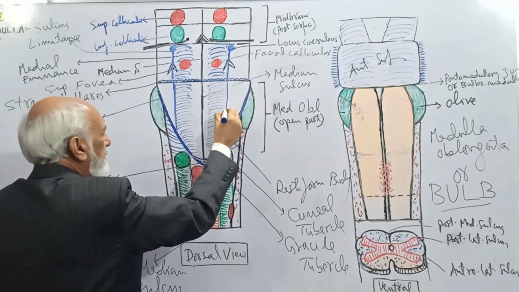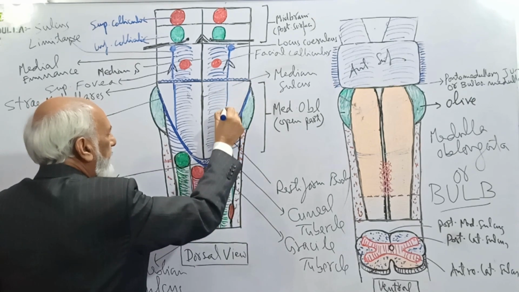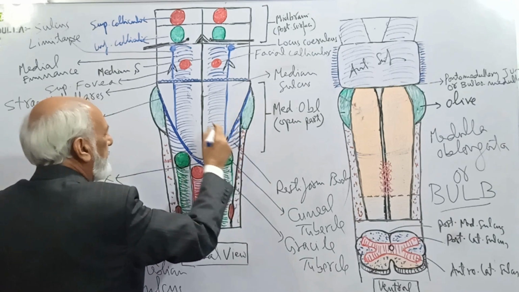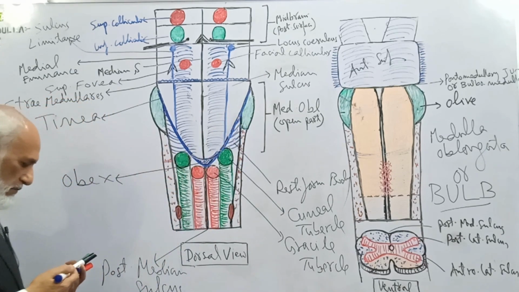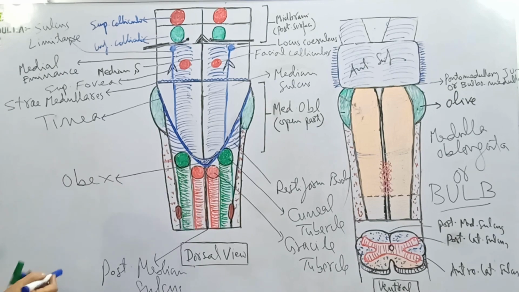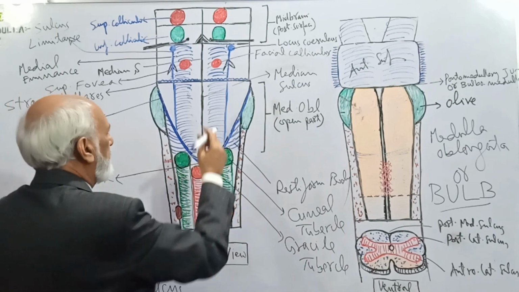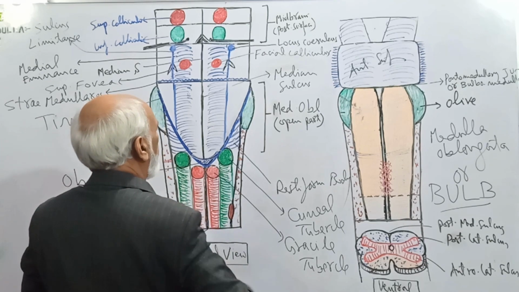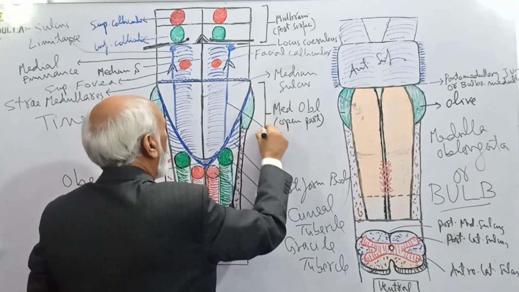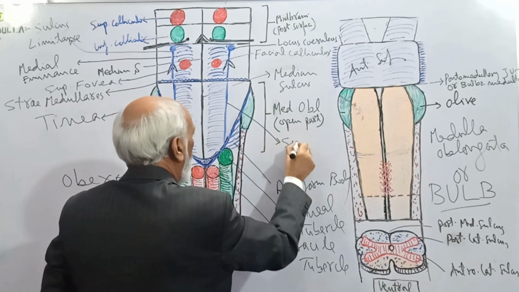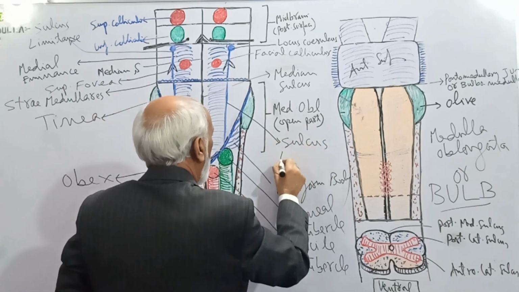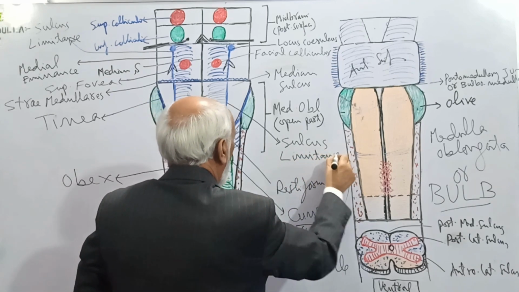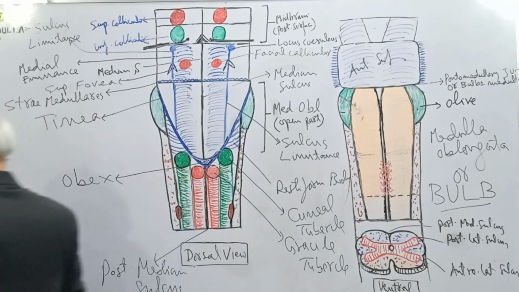Here again, the dorsal surface of the open part of the medulla oblongata, again the medial eminence is bounded by a sulcus known as the sulcus limitans.